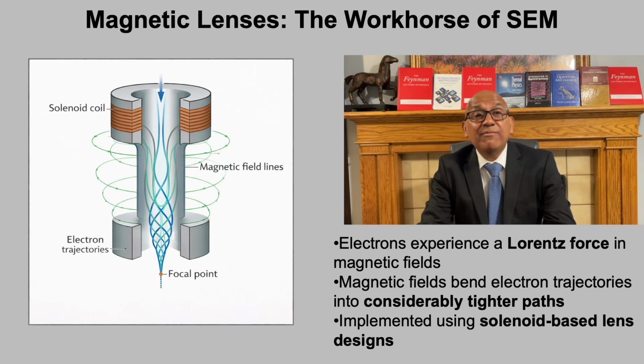This makes them far more suitable for forming extremely small probes at practical beam currents. For this reason, magnetic lenses serve as the primary focusing elements throughout the SEM column, particularly in the condenser and objective lens systems that ultimately define resolution.